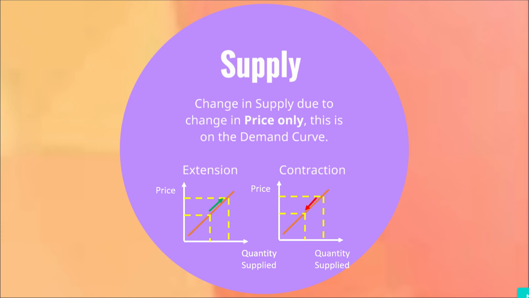So extension means increase in quantity supplied. No matter what happens to price, if the quantity supplied increases, then it's an extension. So over here price increases, quantity supplied also increases, so it's an extension. Price decreases, quantity decreases, then it's a contraction.